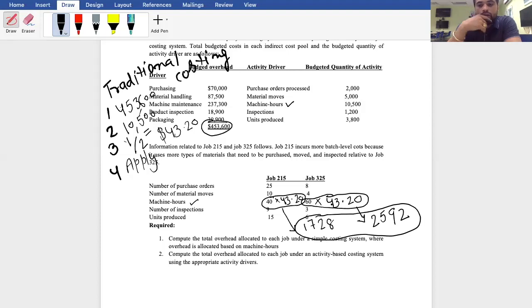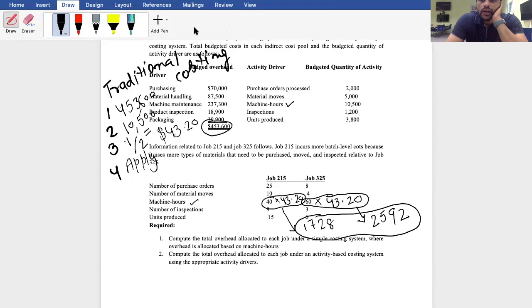So did you get the same number or different number? The same number. Okay. If you got different number, then I think you made a mistake in estimation of overhead cost using traditional costing. All right.